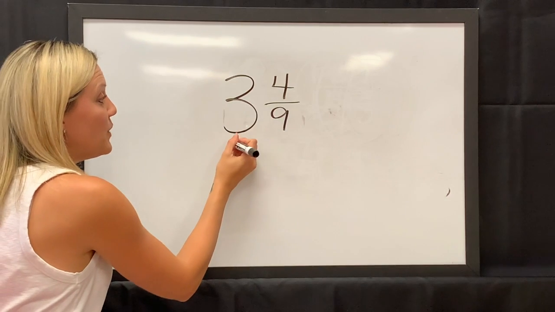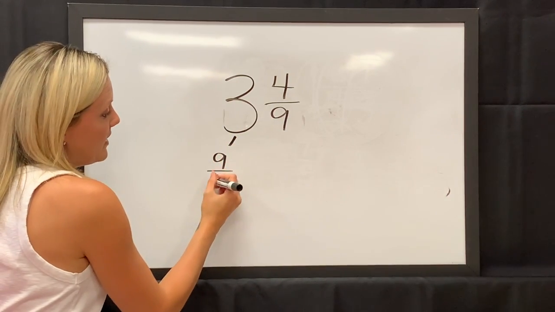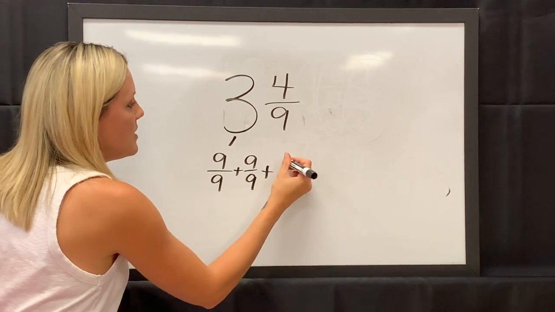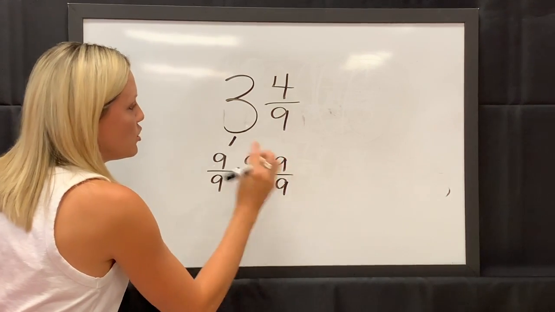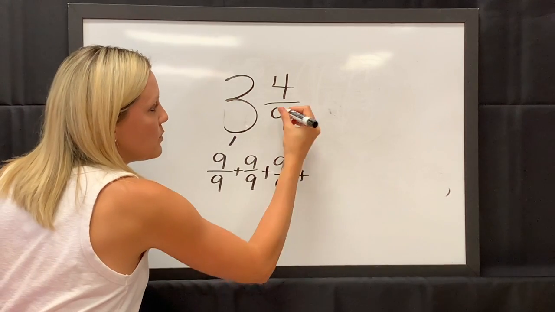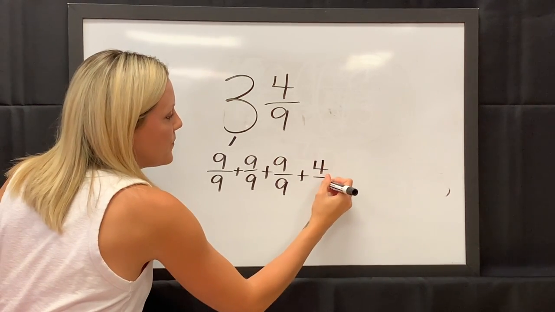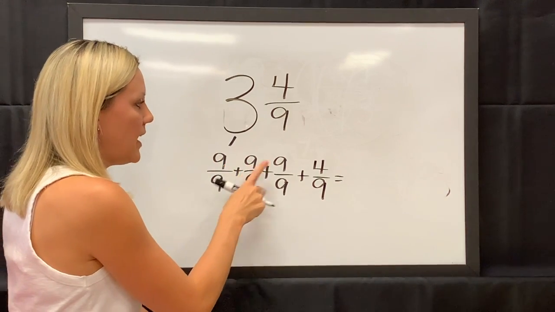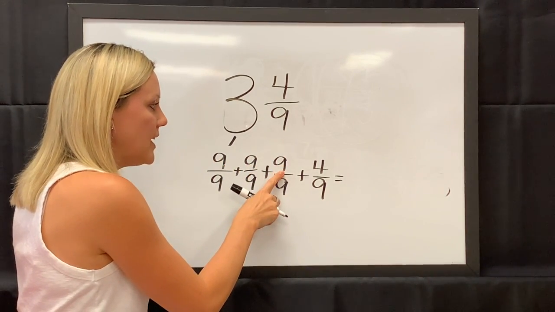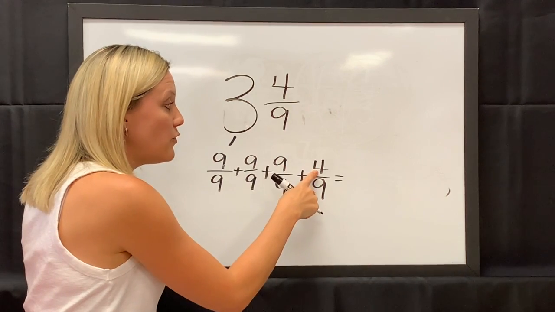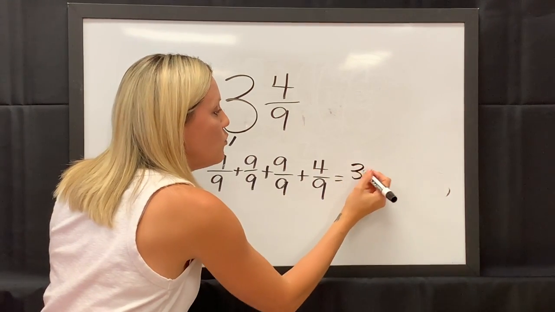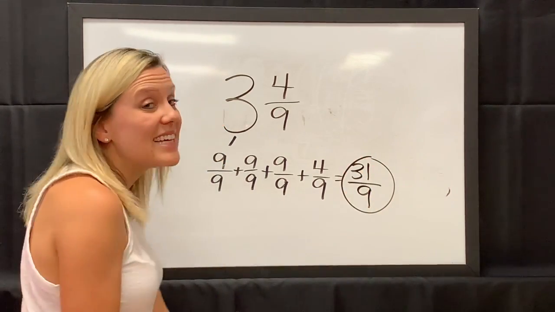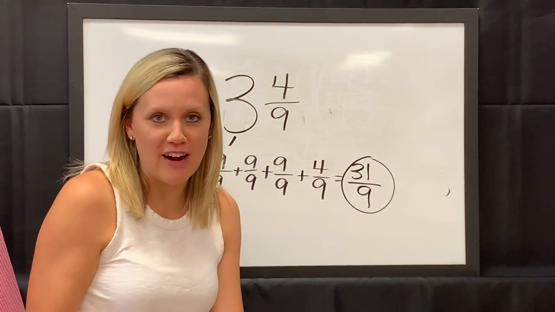So essentially we have 9/9 plus another 9/9 plus another 9/9 to represent those 3 wholes, plus we have this 4/9 here. Okay, so 9 plus 9 plus 9 is 27, plus 4 is going to give us 31/9. And that is how you would write it as an improper fraction.